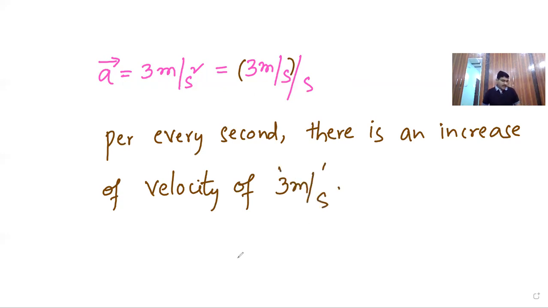Here, for every second, 3 meter per second of velocity is increased. Denominator is per second, numerator is velocity. So, for every second, there is a change in velocity of 3 meter per second. Here, acceleration means the rate of change of velocity.